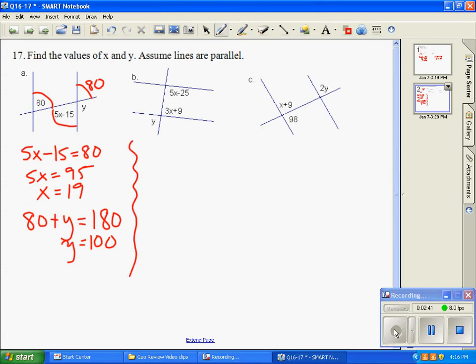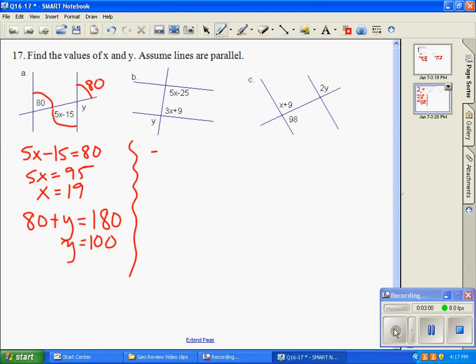Okay, so in the next problem, both of the expressions that have x in it are on the same side of the transversal. So they're same side interior, so they are supplementary. That means they're equal to 180.